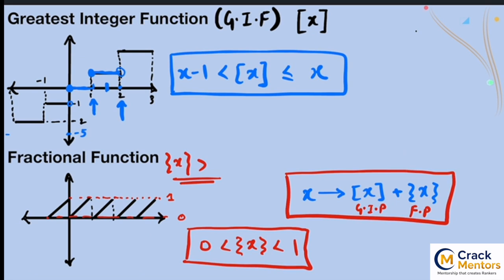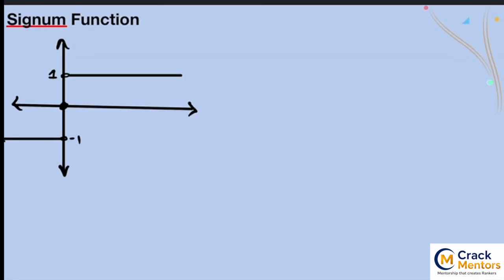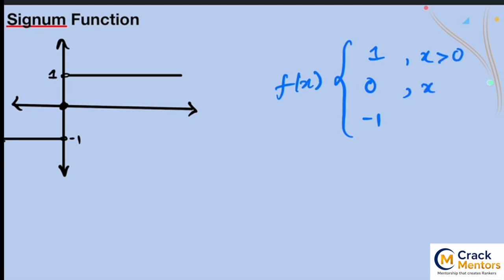There's one more type of function called the signum function. The signum function is very easy because it's nothing but a piecewise function. Its value will be 1, 0, and minus 1. The value will be 1 for every x greater than 0, 0 for x equal to 0, and for every negative x, the value will be minus 1.